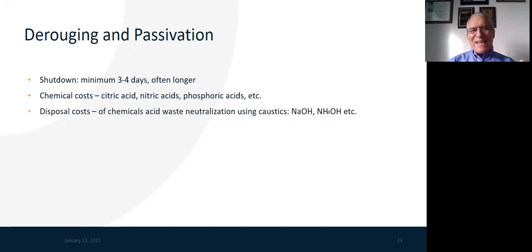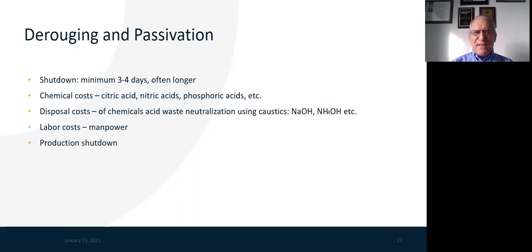But when you add acids to the system, you have to have acid waste neutralization by adding caustics in order to countermand the pH that is due to the acids and bring it back to around 7. So we add typically sodium hydroxide or ammonium hydroxide in order to countermand the acids that were applied to do the derouging. You have labor costs in manpower, and you also have production shutdown.